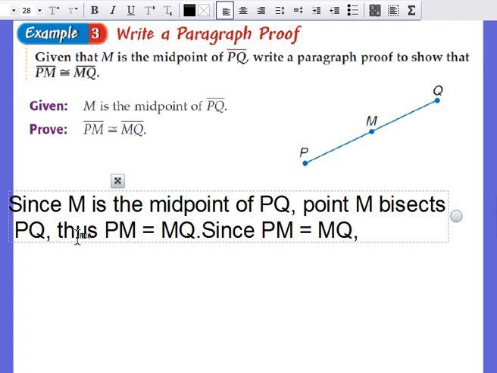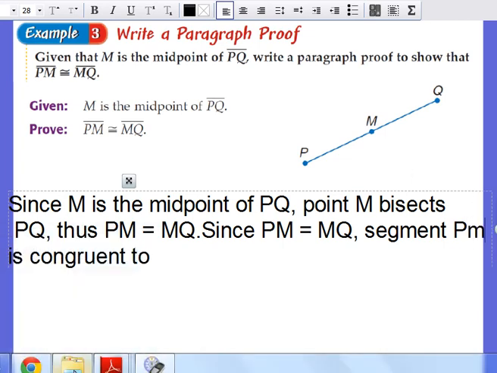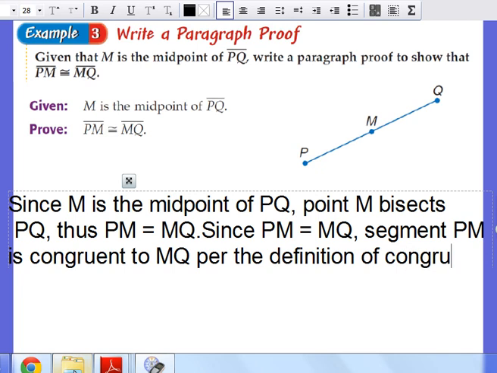You can also say, I'm going to write it out, segment PM is congruent to MQ. And here you just put per the definition of congruent segments, just to be specifically correct.